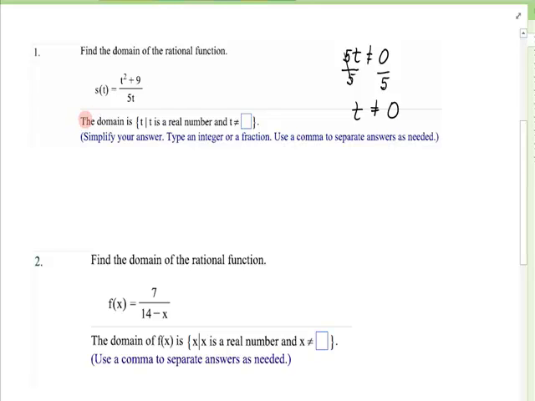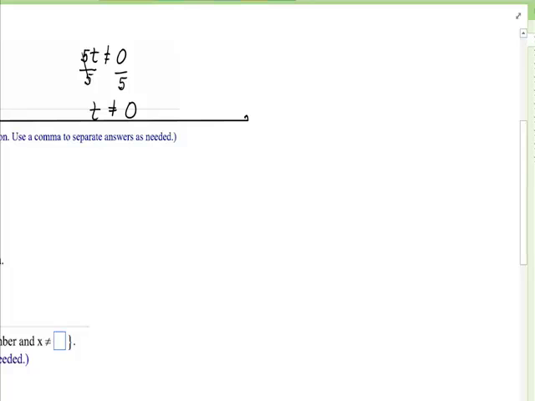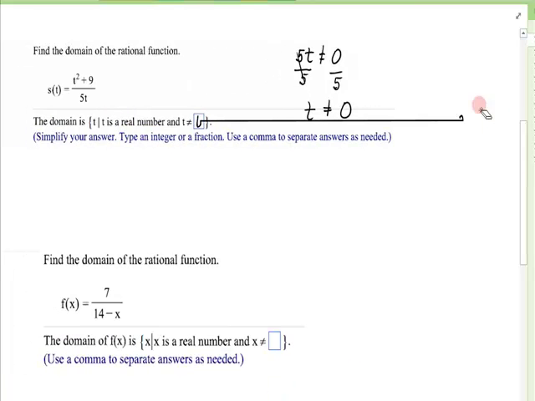So the answer, the domain is the set of all t's such that t is a real number and t cannot equal 0.